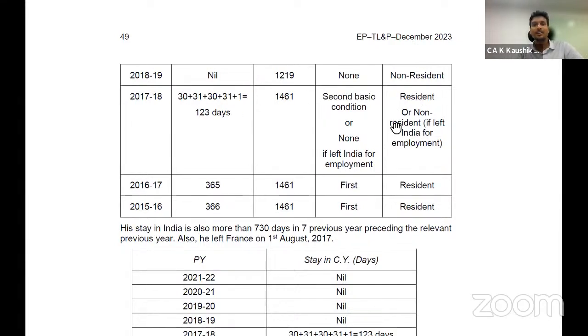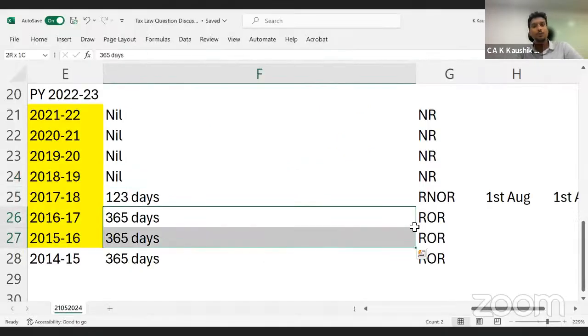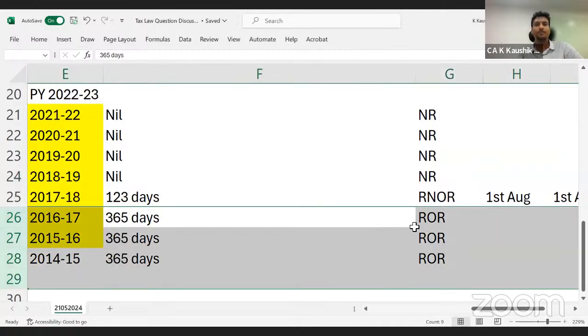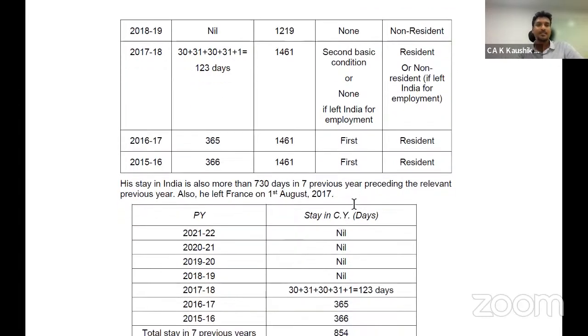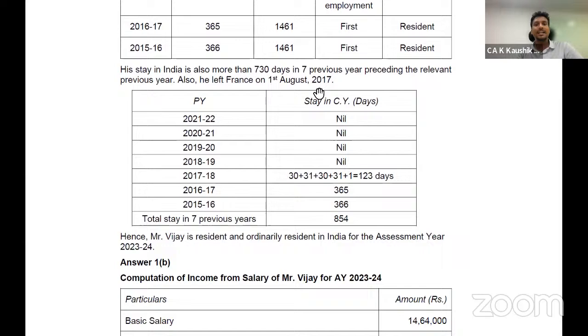17-18, he is resident or non-resident if he left India for employment. Otherwise, he is resident in 16-17 and 15-16, and 14-15, 13-14 also resident. So he is considered resident for more than 2 years out of the last 10 years. Further, he stayed in India for more than 730 days in the 7 previous years preceding this year.